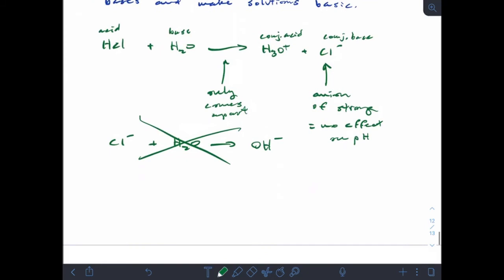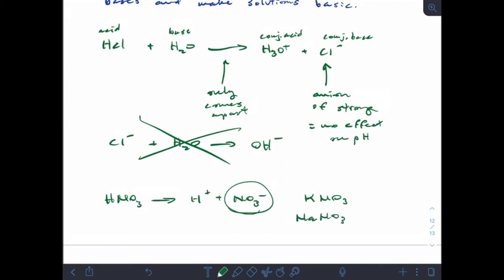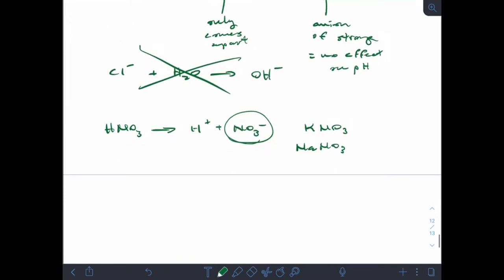Other examples are any of the strong acids. We get H plus and NO3 minus. So you may see this in terms of potassium nitrate or sodium nitrate, or calcium nitrate.